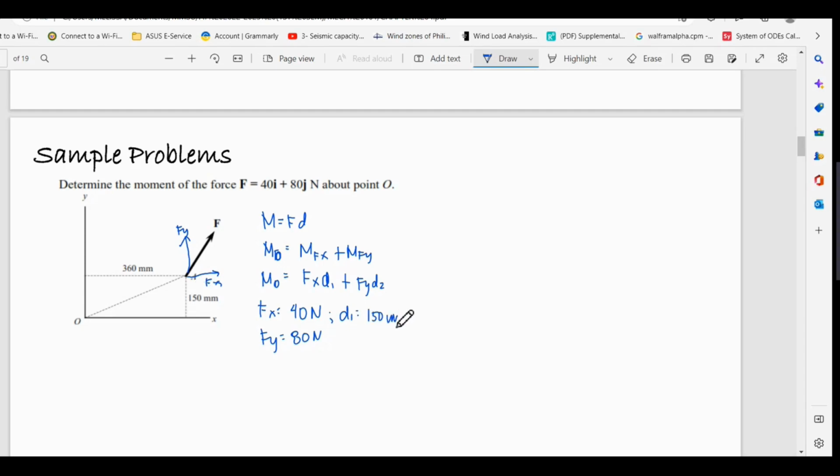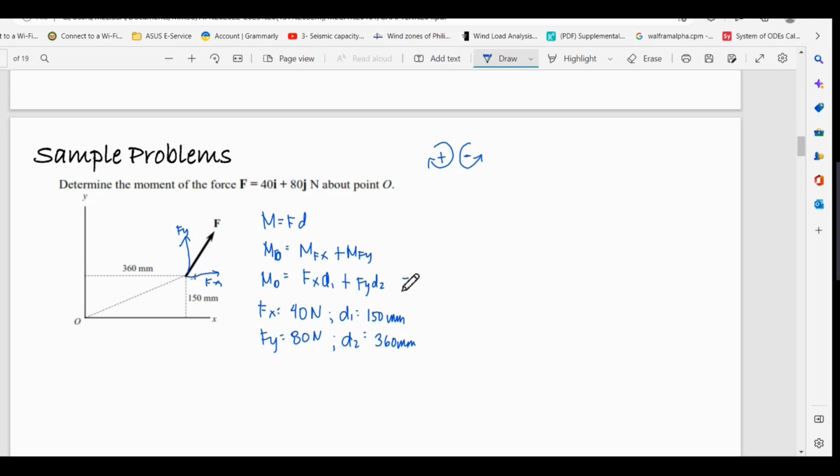And then, for our distance to Fy, the perpendicular distance to our point O is what? 360 millimeters. Okay. So, meron na tayong given here. And take note that our sign convention here is lahat ng clockwise is positive and then lahat ng counterclockwise is negative.